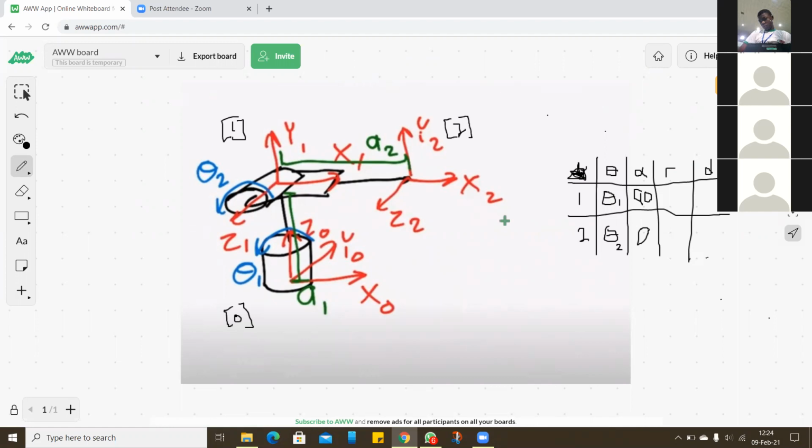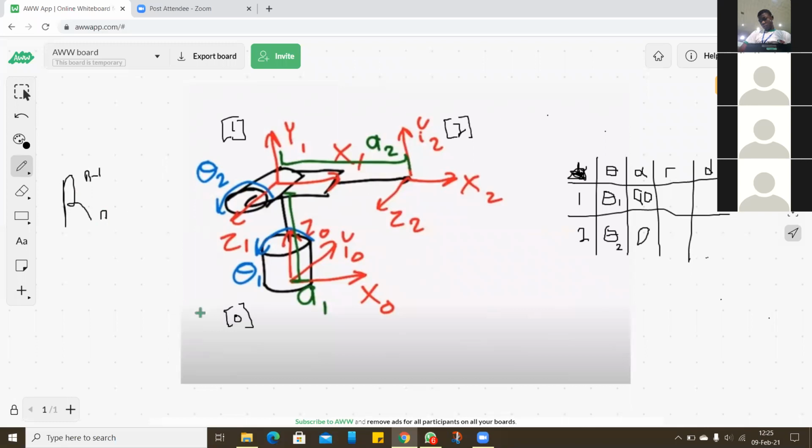So now, R, what is R? The definition of R is the displacement along xn. I'll be using n now so you guys can understand it. The formula is always R n minus 1, n.